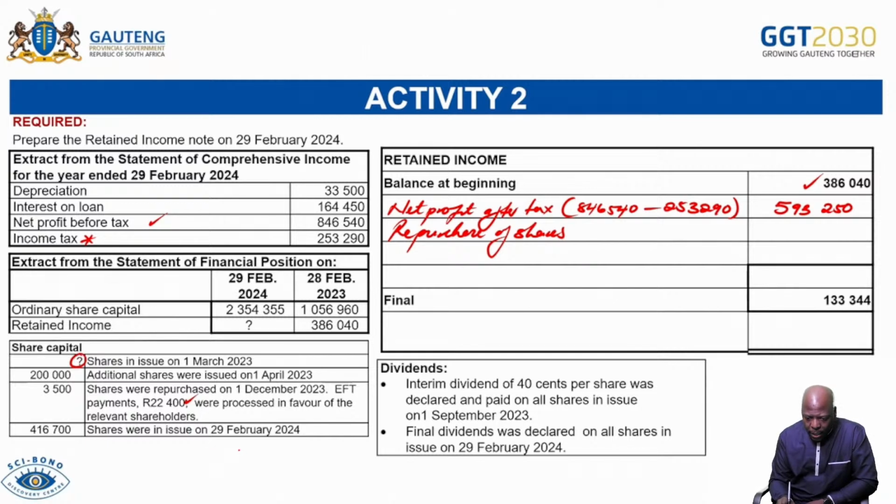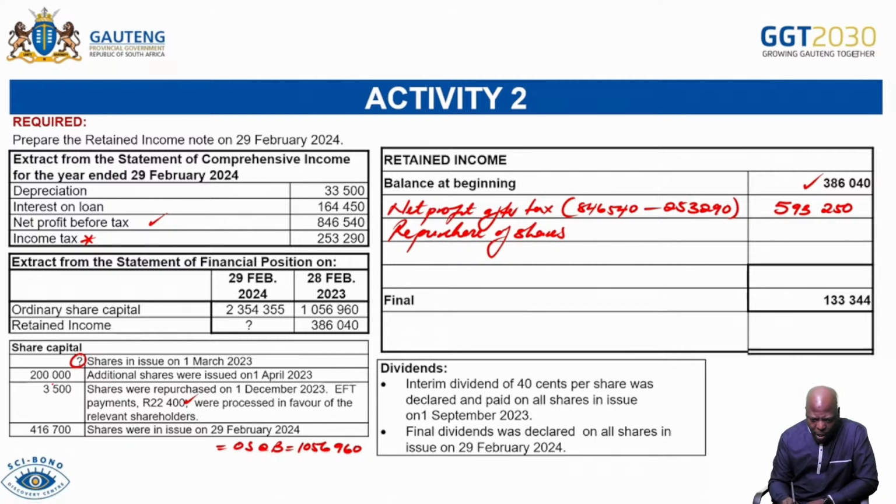But we know that these are ordinary shares at the beginning, and the amount thereof was 1,056,460. This is your shares at the beginning.